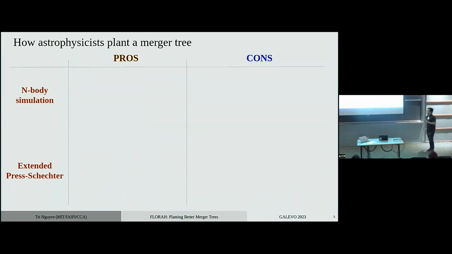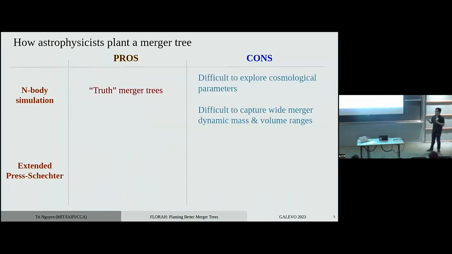So what are the pros and cons of these methods? For the N-body trees, you can think of them as the truth merger trees that are typically very accurate. Why do I air quote the truth? Because there are some caveats, because they're dependent on the algorithm that you use to extract the halos from the dark matter particles and the algorithm that you use to connect these halos together.